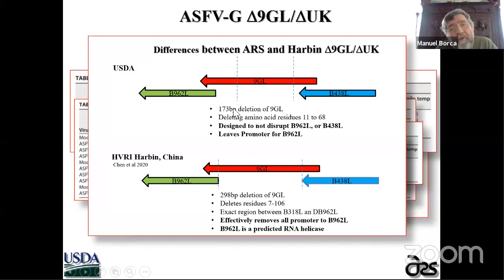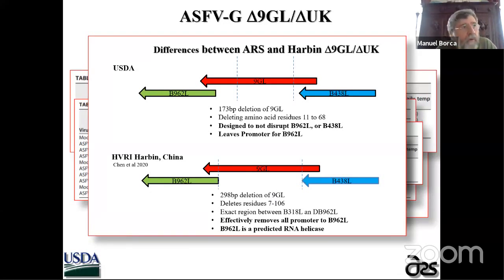What we tried to do in our deletion was to respect the promoter area of that gene. That is not based on the data published by Dr. Booth. So we believe that their deletion probably alters the transcription of the B962L gene. We don't know if this is exactly the reason why they obtained different levels of protection than us at Plum Island.